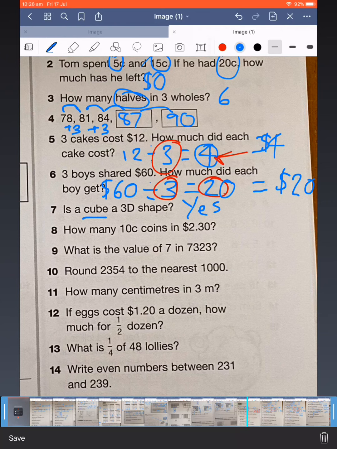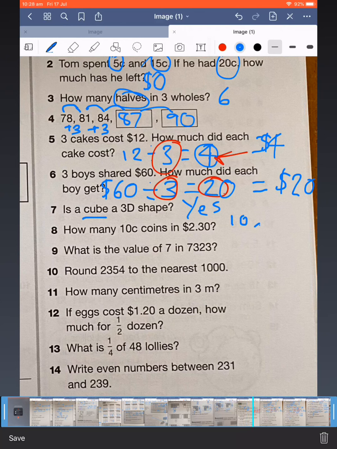Very good. How many 10-cent coins in $2.30? How could we figure this one out? That's right. The way I would figure this one out is that in each dollar, how many 10-cent coins do we have? Right, so we have 10 in each dollar. So I have 10 in the first one, then I have 10 in the next one.